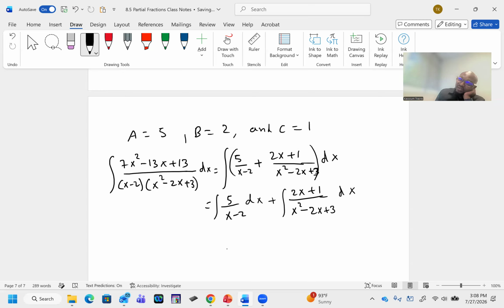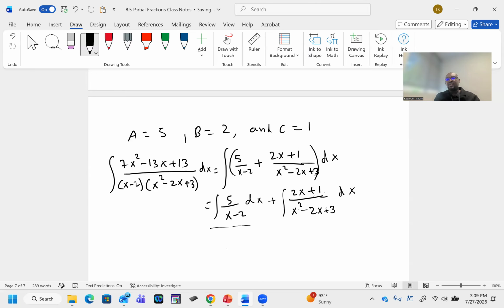So the first one, I know I can easily find using ln, right? But to find the integral of 2x plus 1 divided by x squared minus 2x plus 3, I have to use substitution.